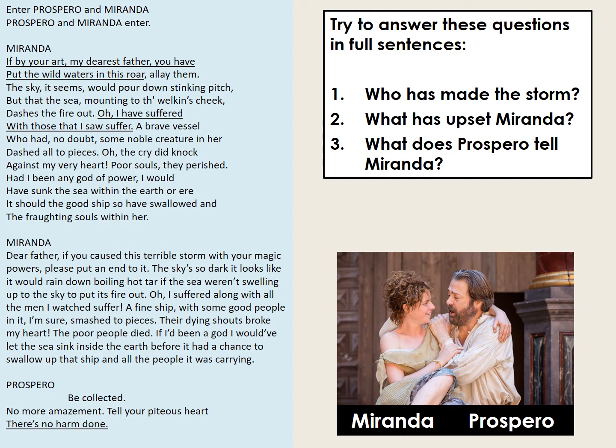Look at the top, the very first lines of this extract. Try to answer these in full sentences in your books. On the next slide, there are some answers. Try not to look at them straight away though. Try and work these out for yourself first of all, and then use the next slide to help you check your answers, and you can tick them if you want to, or fill any in that you didn't already have.